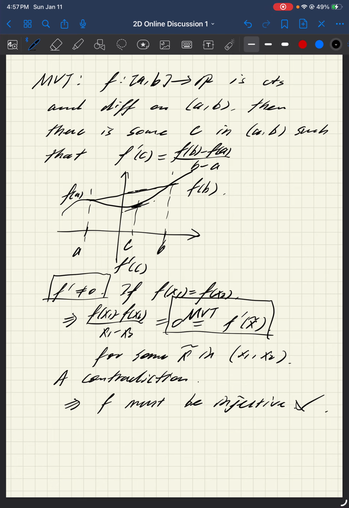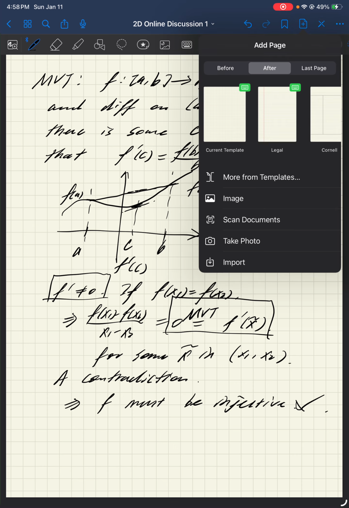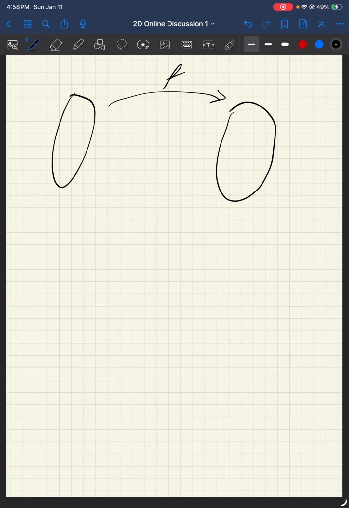So at this point, maybe you would ask, is injectivity really necessary for defining an inverse function of f? So recall we had the picture that looked like this. We have 3 points here. And we have 2 of the different points mapping to the same point.